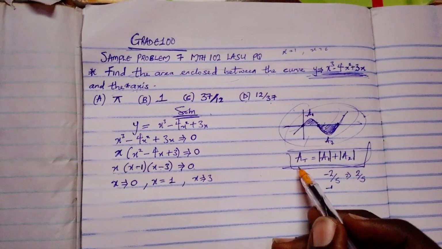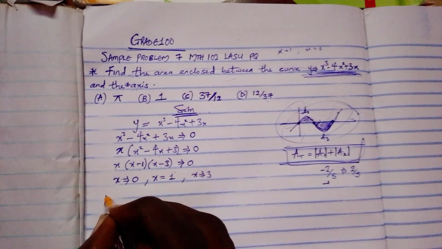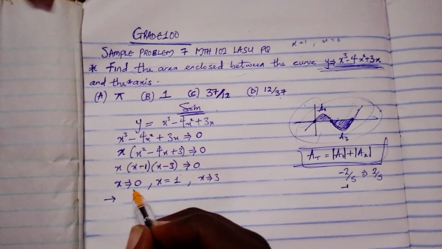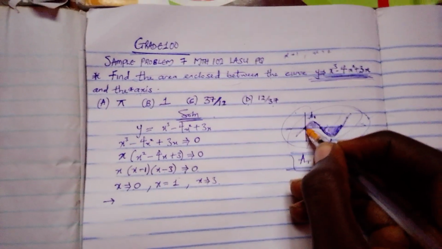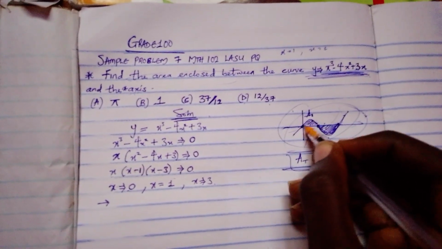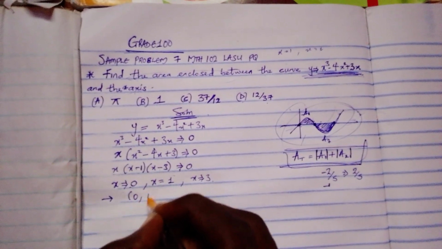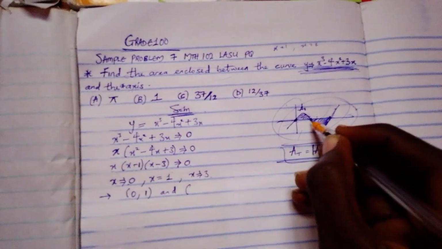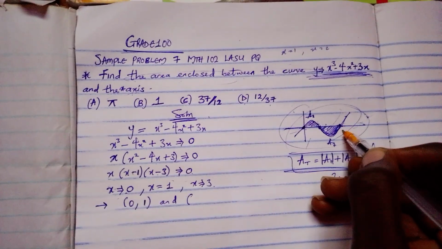Now to get our boundary is very common. The boundaries will be what? First things first, we can't say 0 to 3. If this is 0 here and this is 1, the boundary between these points is 0 to 1. So the first boundary will be 0, 1, and the second boundary will be from 1 to 3.